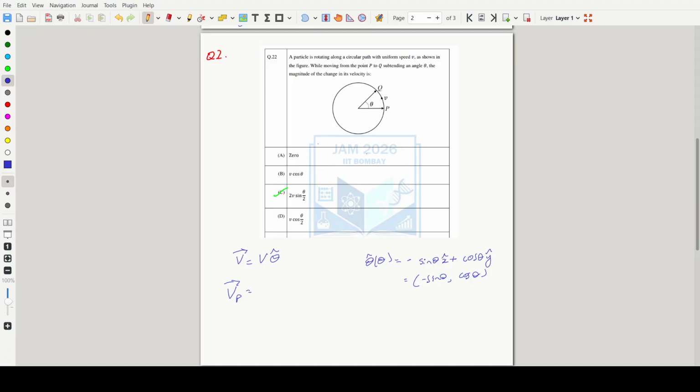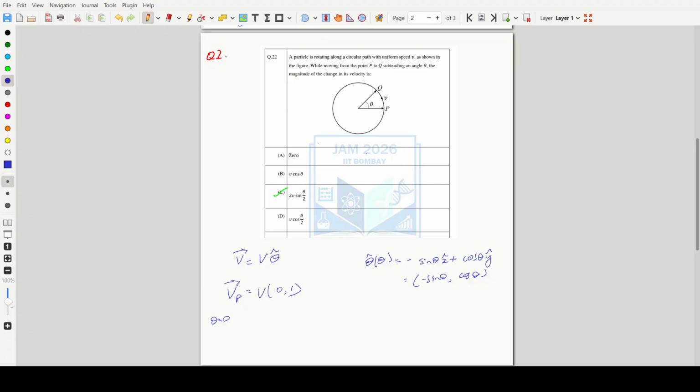Okay, so at point P, we know that theta is equal to 0. So this is just sine of 0, which is 0, and cos of 0, which is 1. Okay, cool. But don't forget the v, just the v.